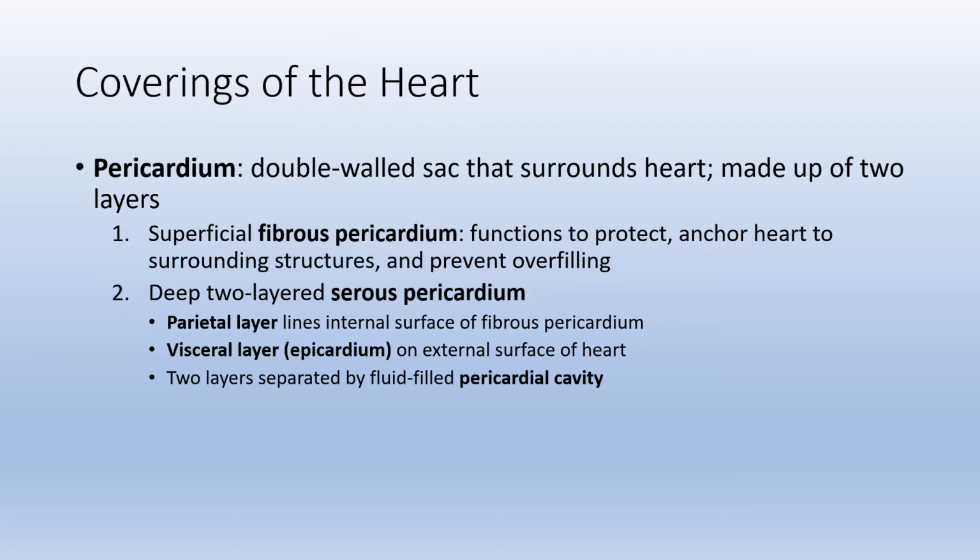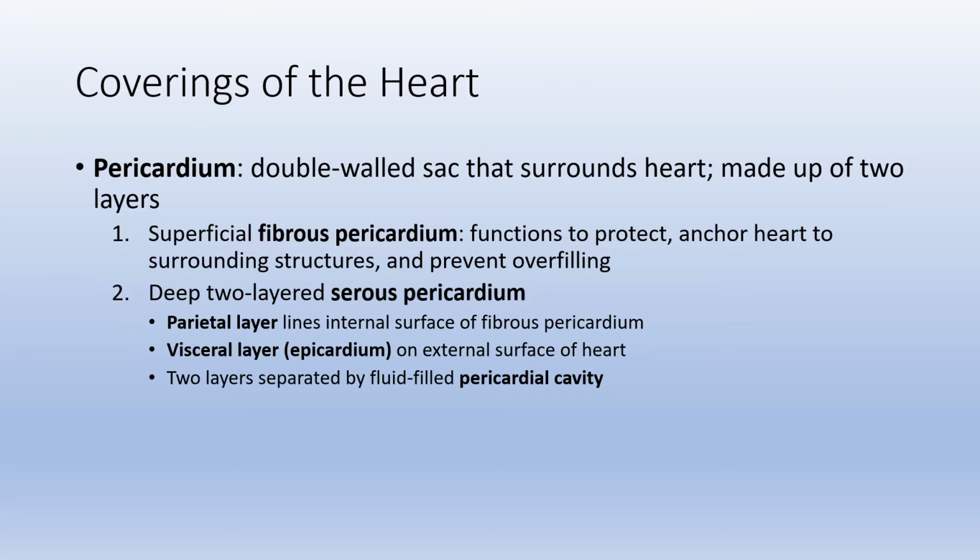Deep to the fibrous pericardium now, we have the serous pericardium, which we learned about in Module 1. Remember, a serous membrane includes two layers, and in between those two layers, we have a fluid-filled space. But since we know where these layers are or what organ they're covering, we first have the parietal pericardium, or the parietal layer of the serous pericardium.